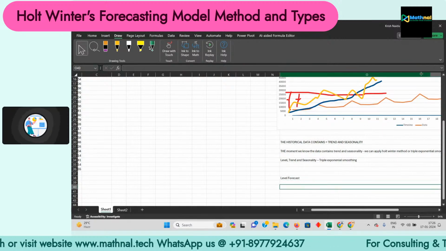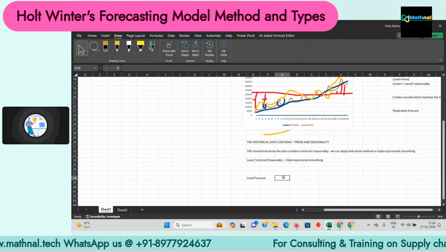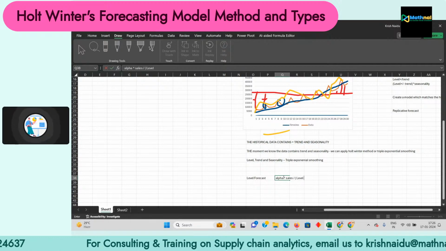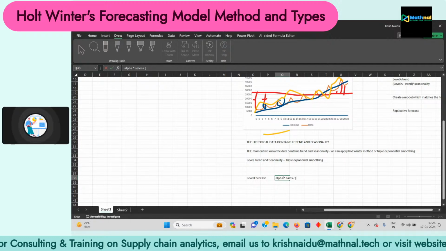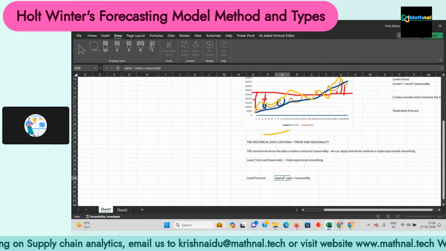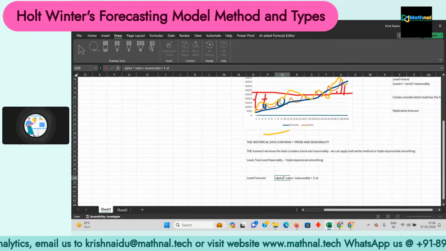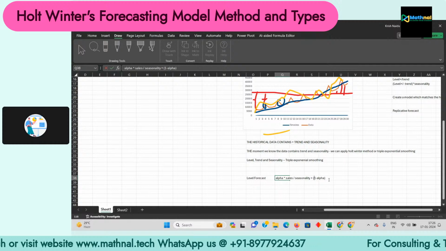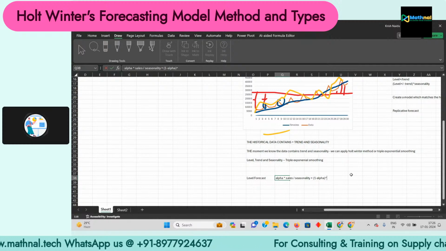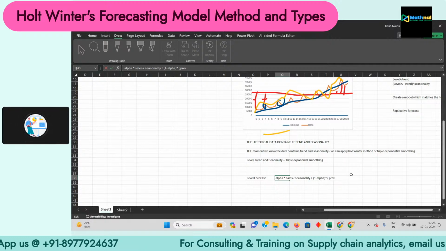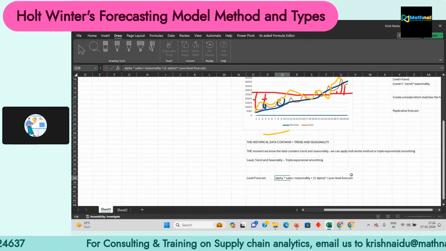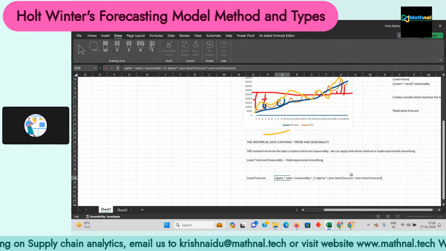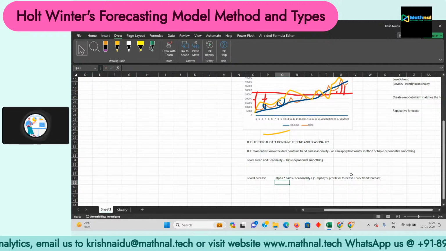Okay, so one is alpha into sales divided by seasonality, we can do level plus trend, or sorry, sales divided by seasonality, plus 1 minus alpha into the previous level forecast plus the previous trend forecast. This is one of the things which we can do.